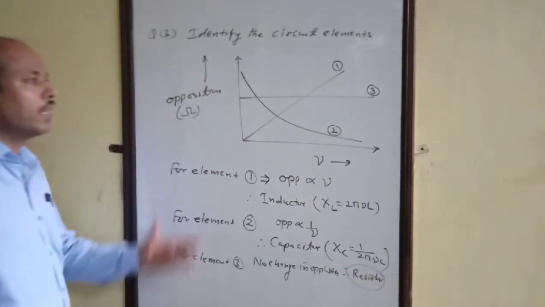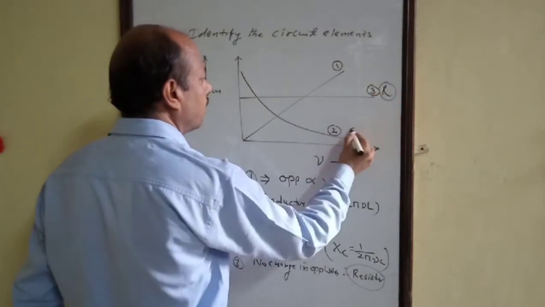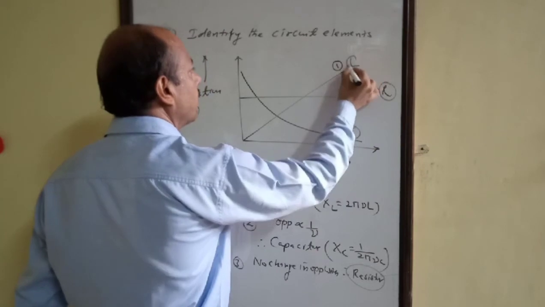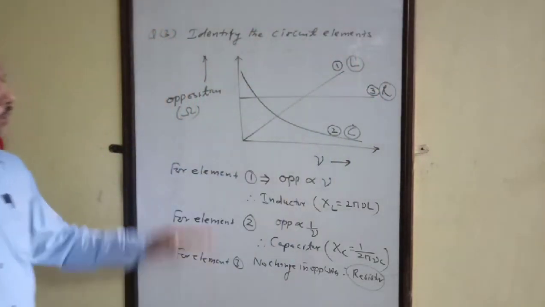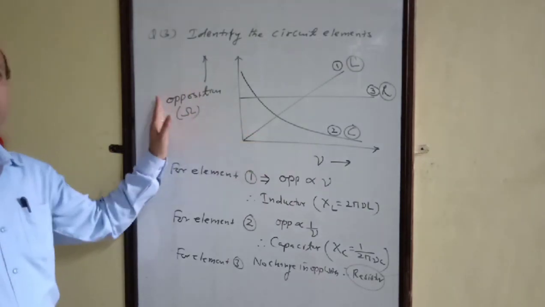So now we can easily identify: this one is a resistor, this is a capacitor, and this is an inductor.